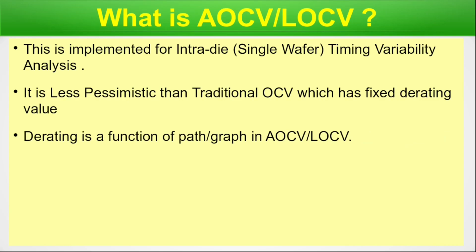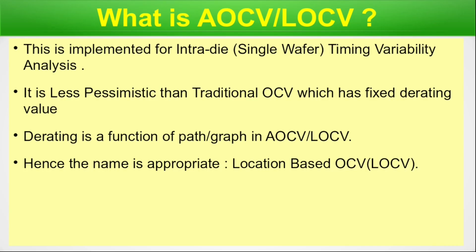Derating is a function of path or graph in AOCV or LOCV. As I just mentioned, if I go from one end to the other end of a single wafer, as we move on top of the wafer, definitely there will be a path. And the graph is another concept in VLSI, especially in timing. So derating here in AOCV is a function that is dependent on path or graph. Hence, the name location-based OCV is appropriate.